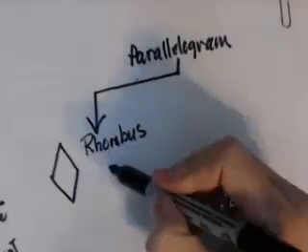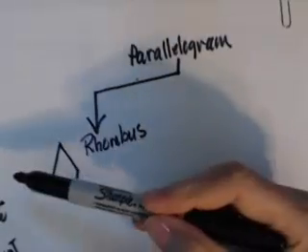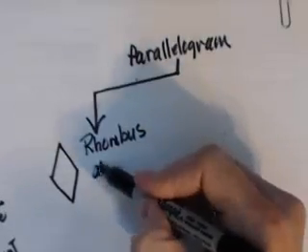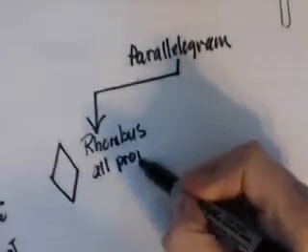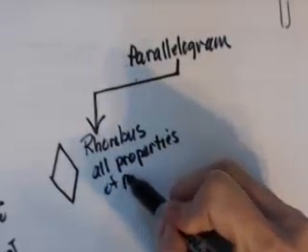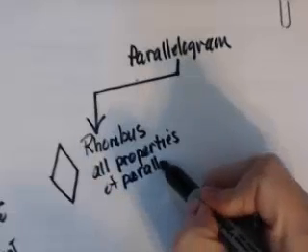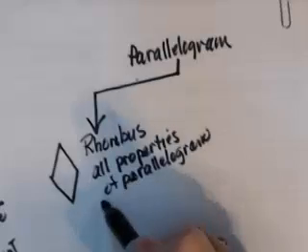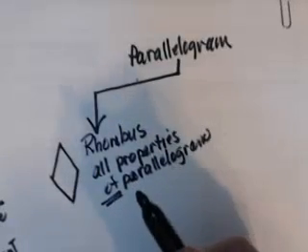A rhombus is a quadrilateral. It has all properties of the parallelogram. And it has one of its own.